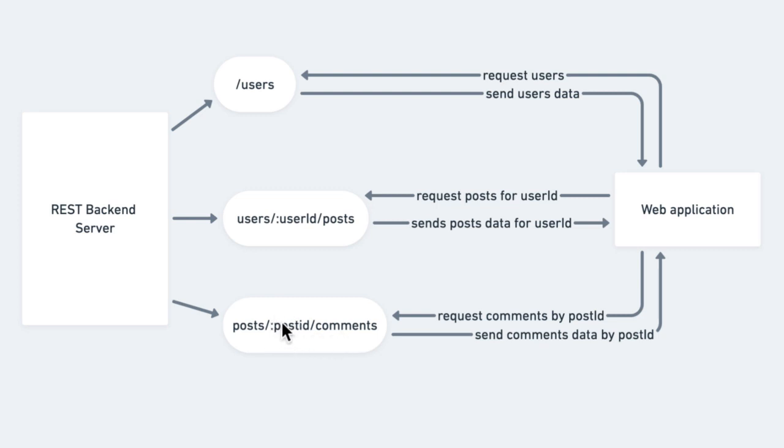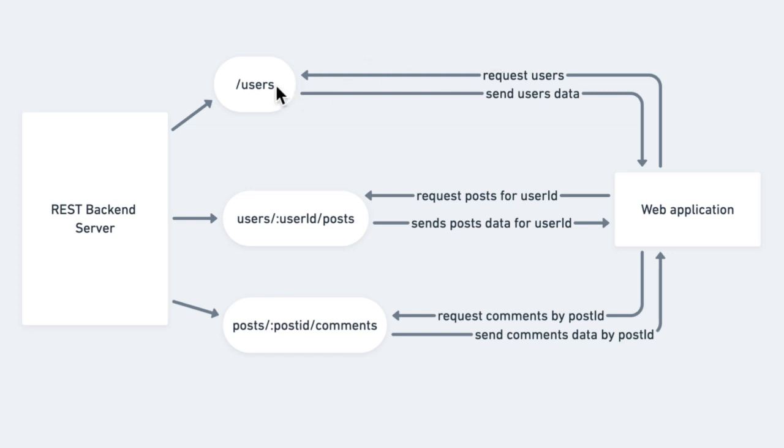In order to get the post ID, we might need to have gotten it from our posts first related to our user, which we would have to get with a user ID. In order to get our user ID, we'd have to make a query to the user's endpoint asking for our user data. So in order to get the comments, we'd have to make 3 different requests to the backend in order to get the data.